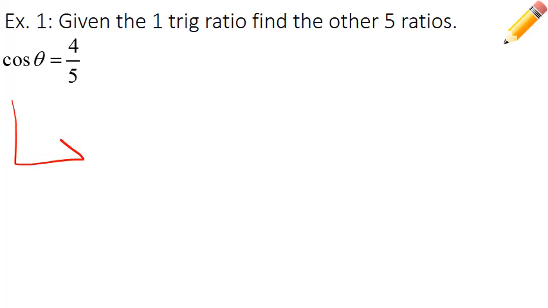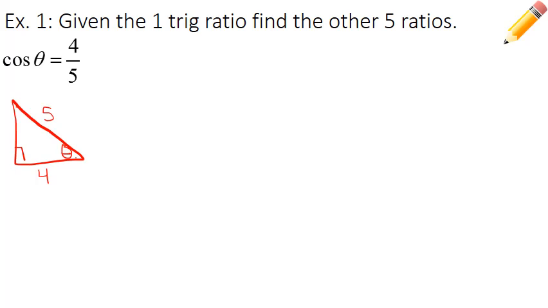So first, I'm going to draw an arbitrary, or a random, right triangle, and I'm going to label an angle. It doesn't matter which one I pick. I could pick the top angle or the bottom angle, and I picked the bottom angle to be theta. So now, in reference to theta, we said cosine of theta is equal to 4 over 5. Well, remember cosine is adjacent, so 4 over the hypotenuse, 5.